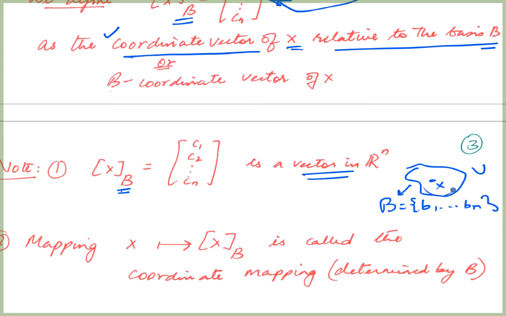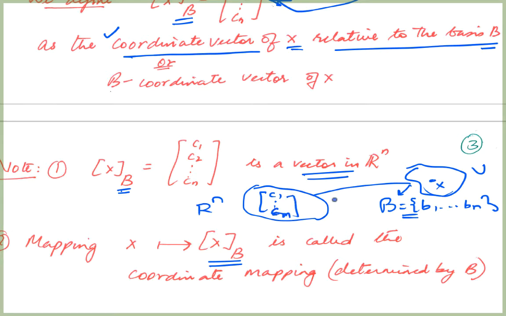So every vector x can now be mapped, relative to the basis B, because of the unique scalars. So there's a mapping from this vector x to an element of Rn. So this one is now going to be mapped onto elements of Rn based on the basis set. So this will be one element, say c1 to cn.